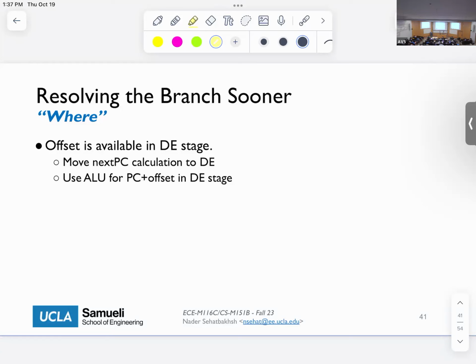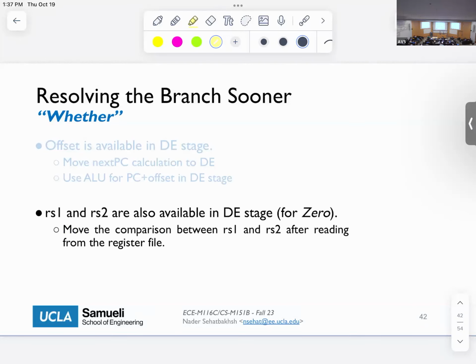So all you need to do is move the next PC calculation, PC plus offset, into my decode stage, and then I will have the address. The only problem is that I need to somehow add PC plus offset. And if I use an adder there, which I'm already using, then I'm set with the offset part.